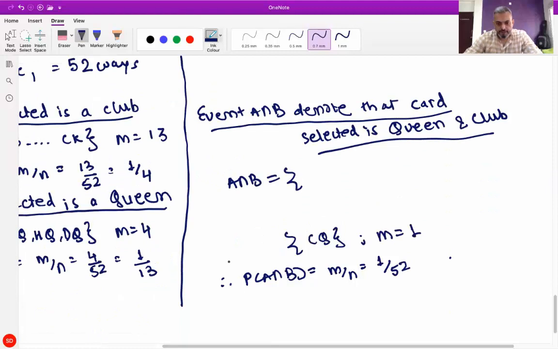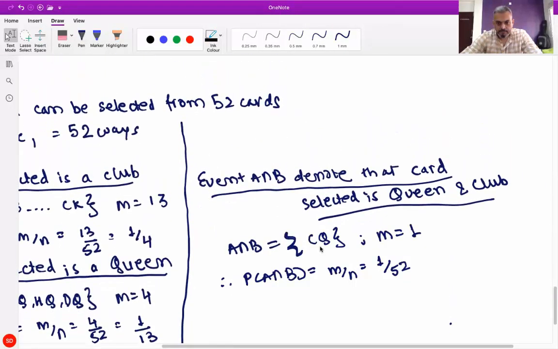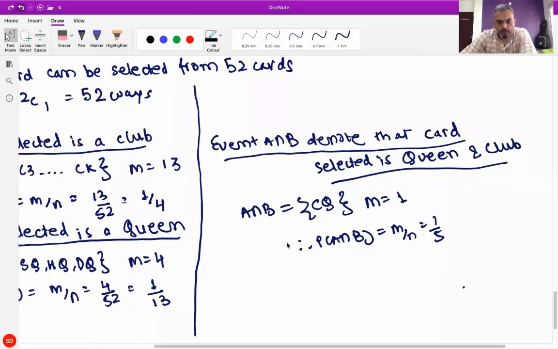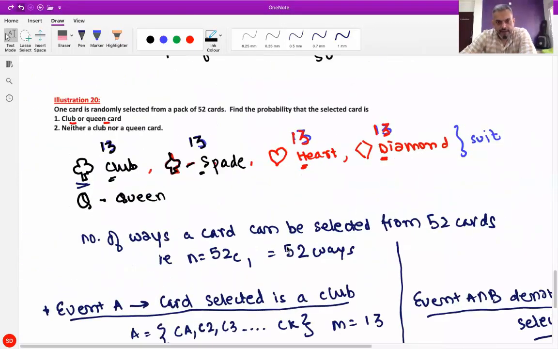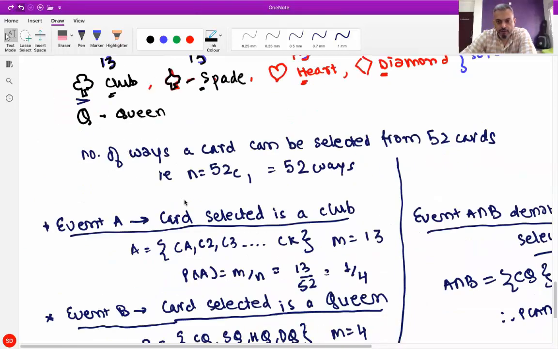So now, now what we have to find? Now we have to find that the card selected is a club or a queen.